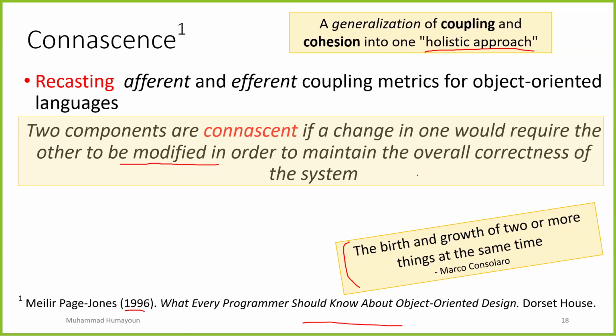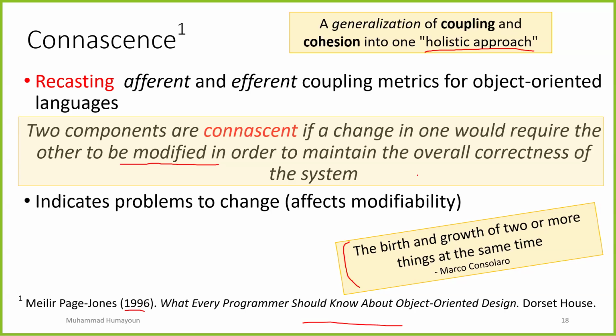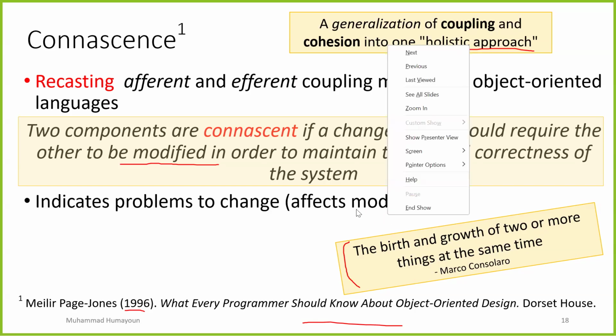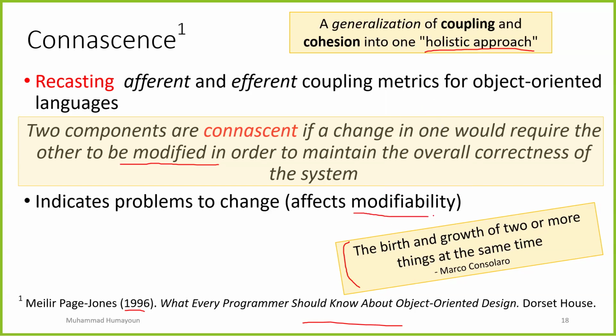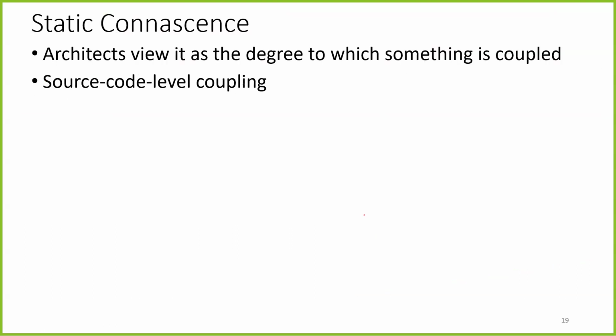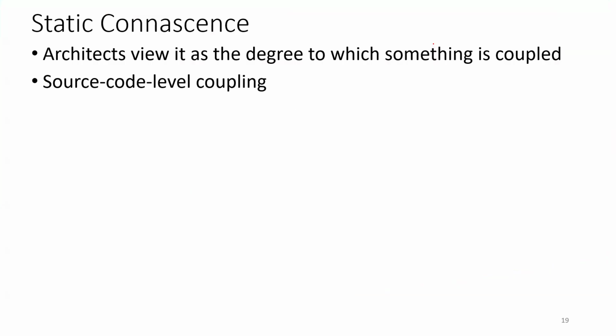So that would be connascence. It indicates the problem of change, so we can say that the quality attribute modifiability is affected by it. And we have two kinds of connascence, static connascence and dynamic connascence. We will see those in a minute.